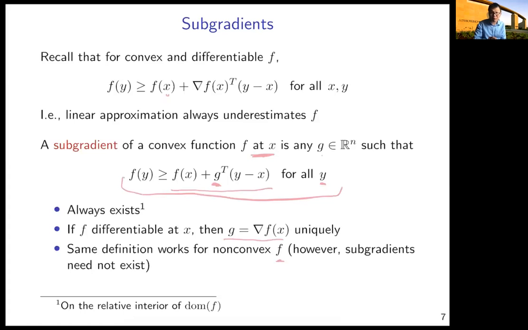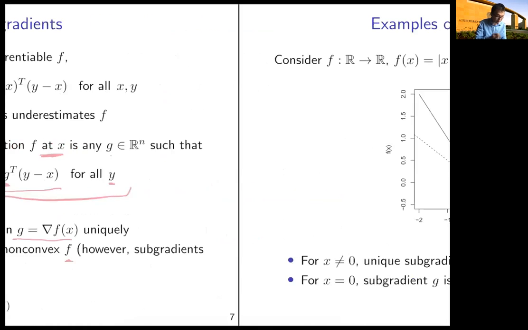Maybe for some x the subgradient exists, but for other x, non-convex functions do not have a subgradient. That's part of the reason why when people talk about subgradients, it's usually for convex functions. But it's important to notice that the definition extends to non-convex functions as well.